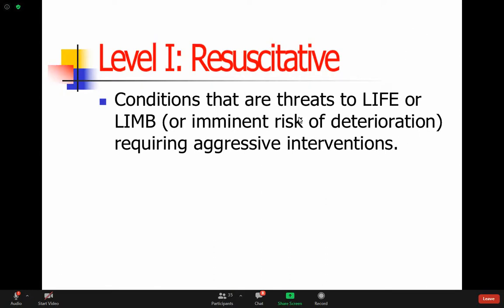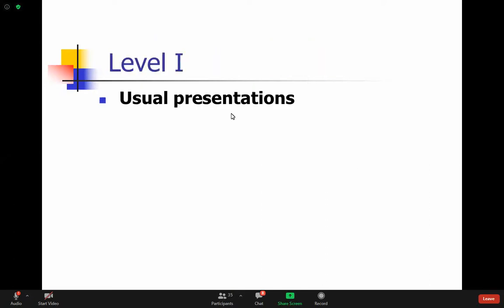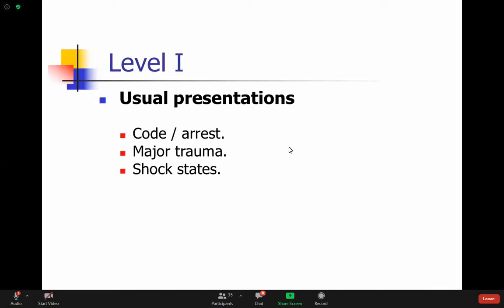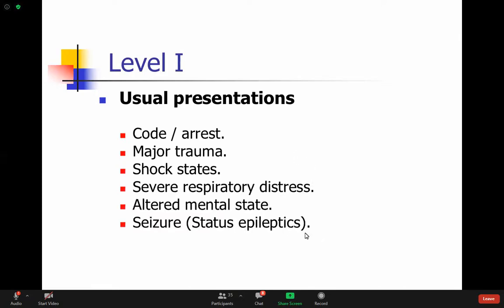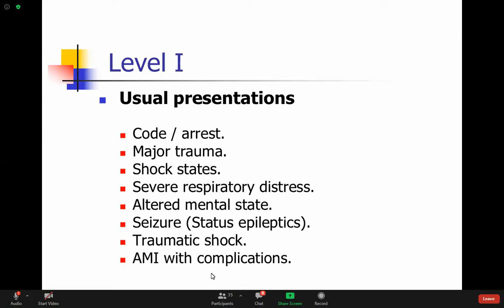Or imminent risk of deterioration requiring aggressive intervention. So those are the patients who need resuscitative intervention. Usual presentation, as we said: code and arrest, major trauma, shock states, severe respiratory distress, altered level of consciousness, seizure and status epilepticus, traumatic shock, acute myocardial infarction with complications, major head trauma.